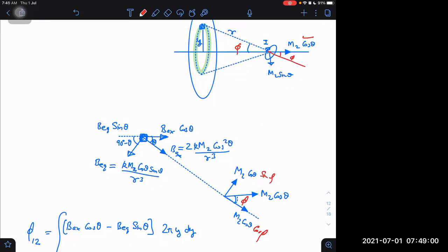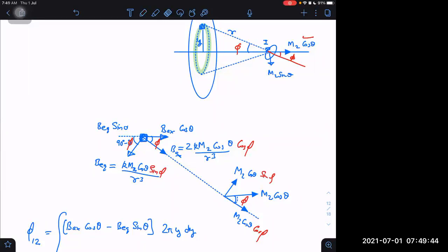Then further in this place, it is m2 cos theta cos phi in place of cos square theta. Cos theta cos phi, and this angle is again phi only, and this is 90 minus phi, and this one is again sin phi, and B equatorial into sin theta.